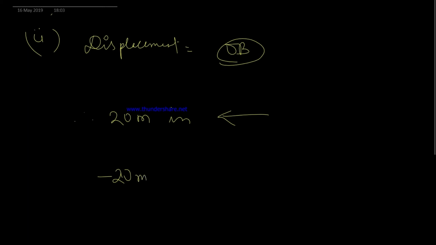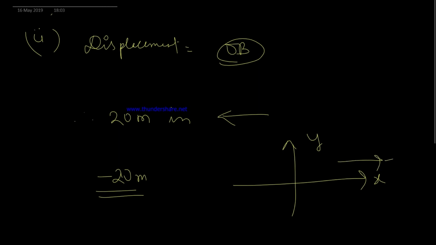So the displacement is minus 20 meters, because the right side is positive x and the left side is negative x in this frame of reference.